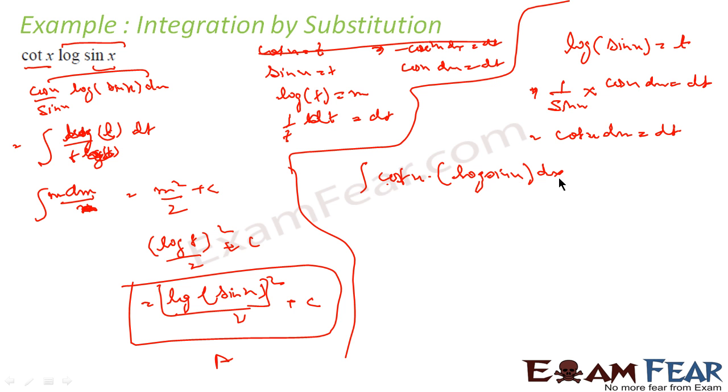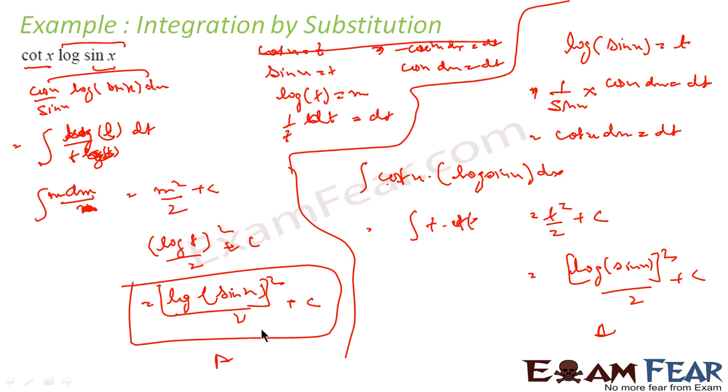Cot x dx becomes dt and log sin x is t, so this becomes t dt, correct? And that is nothing but t square by 2 plus some constant, and t is what? t is my log sin x. That is nothing but log sin x whole square by 2 plus c, and that is my answer.